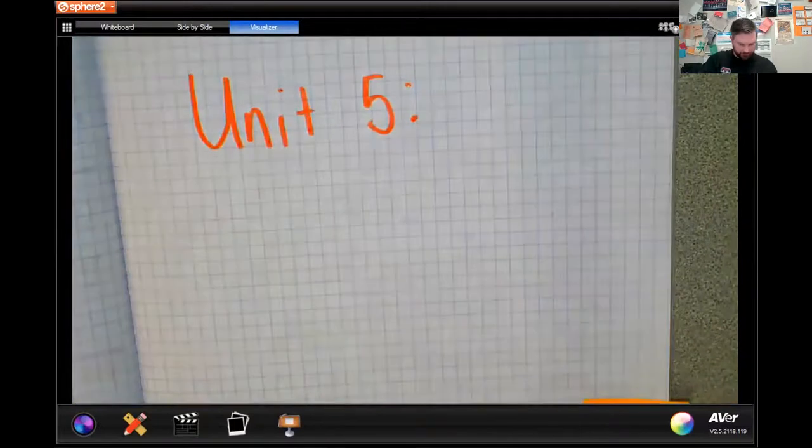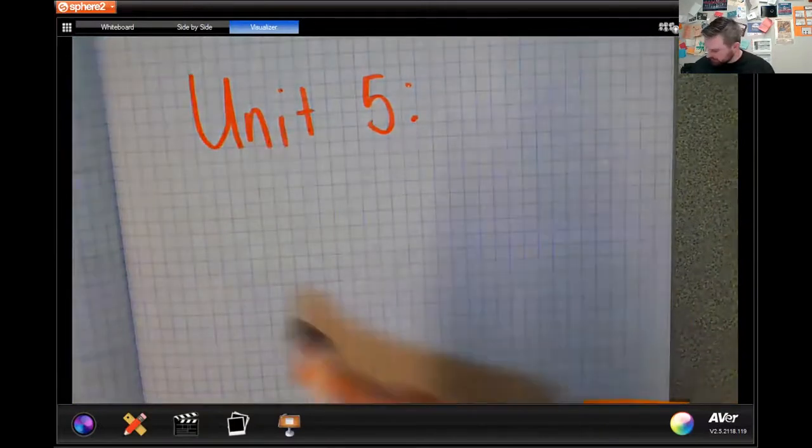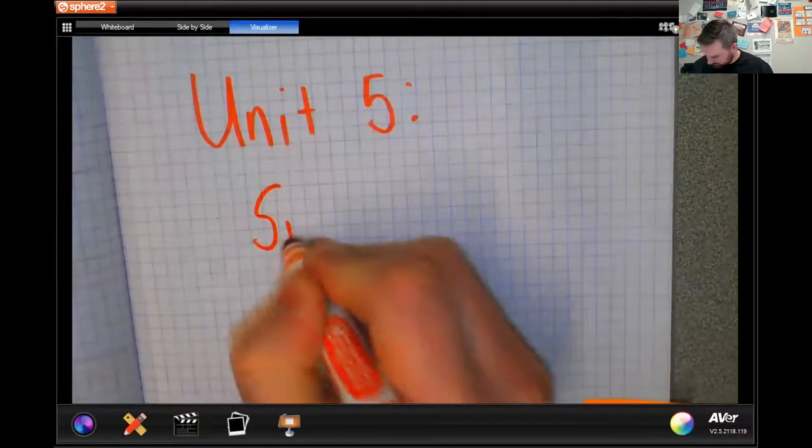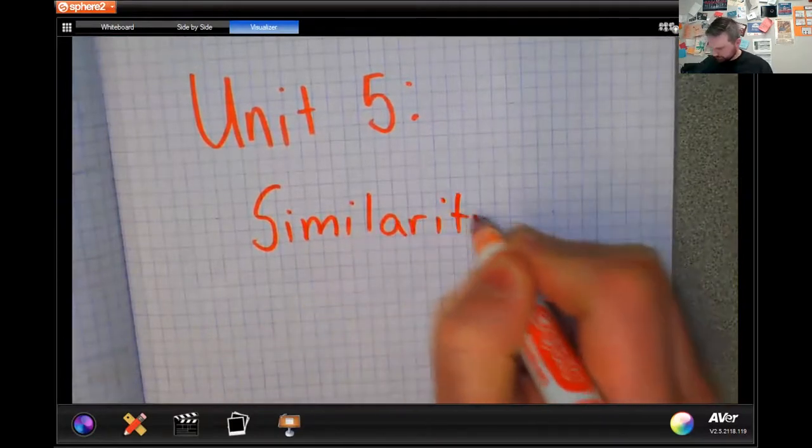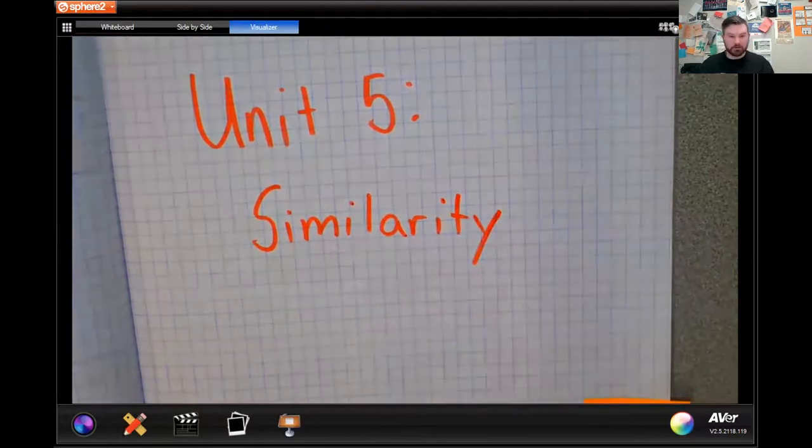Unit 5, we're talking about similarity. Similarity is what it sounds like. We're going to mainly talk about triangles because every other shape can be formed out of triangles. So if two triangles are similar, that means they're the same shape, but they have a different size.